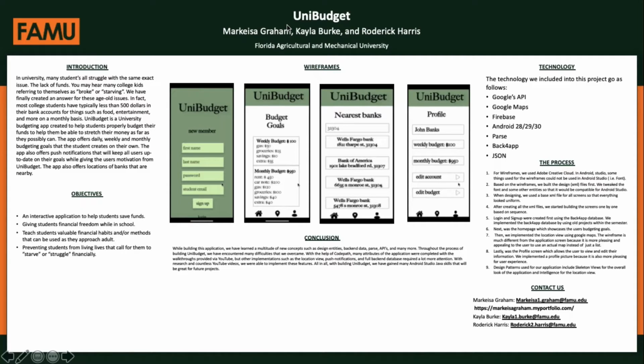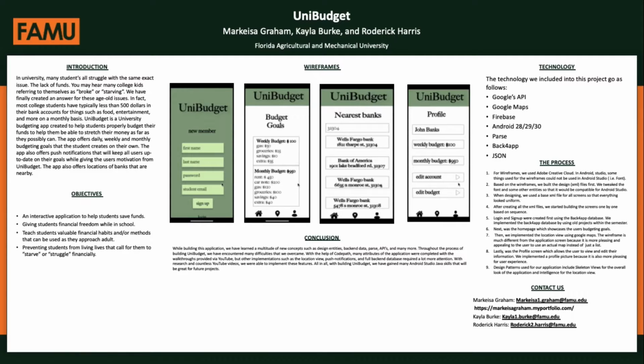So with our introduction, UniBudget is really for students who are trying to learn how to budget. It will allow them to have a daily, weekly, and monthly budget goal, and then they can list which items or things, for instance, like gas, savings, groceries, etc., and put that into a budget list.